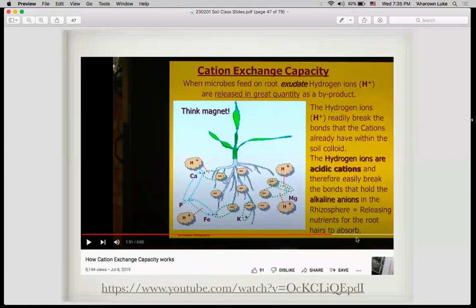Here are the roots. The roots are releasing their own hydrogen. When microbes feed on roots, hydrogen ions are released in great quantity as a byproduct. So the plant is releasing hydrogen ions.